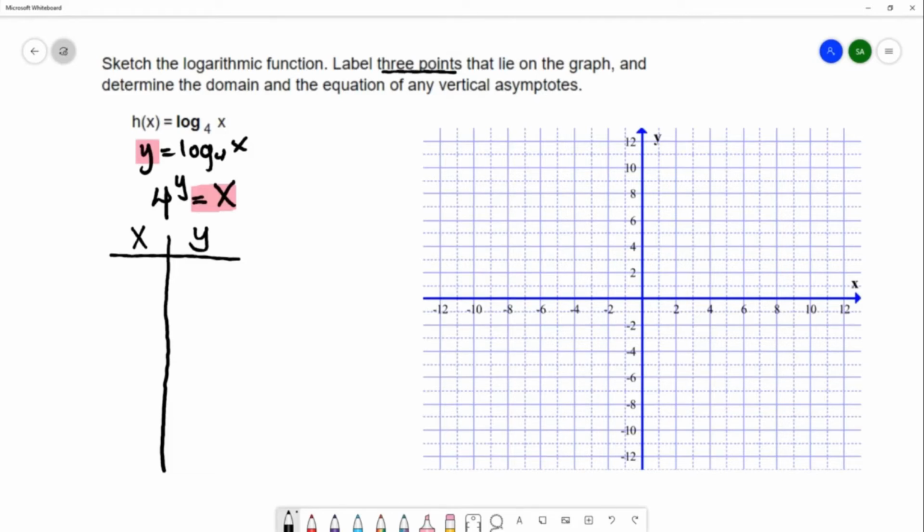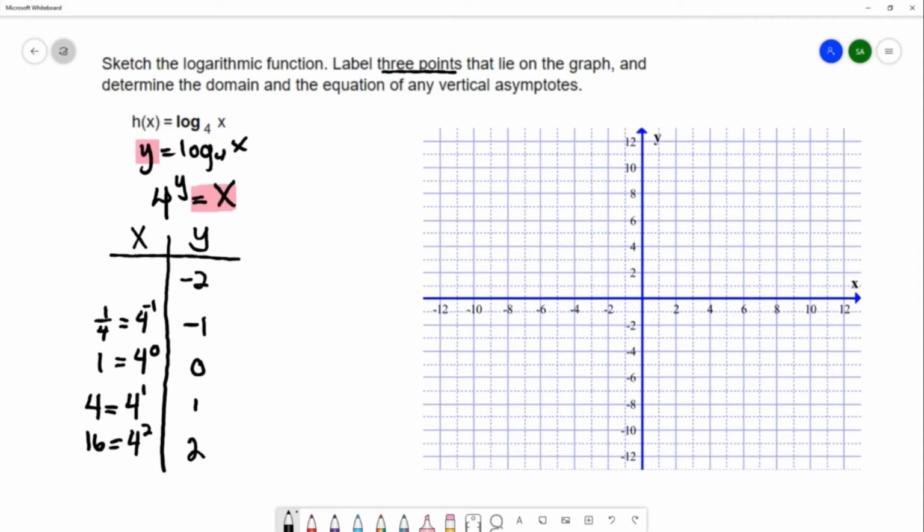I'm going to choose just a standard set of y's: -2, -1, 0, 1, and 2. We'll substitute these into the equation 4 to the y. I'm going to start down here where the values are a little bit easier to simplify. 4 to the first power will be 4. 4 to the second power will be 16. 4 to the 0 is 1. 4 to the -1 is 1/4.